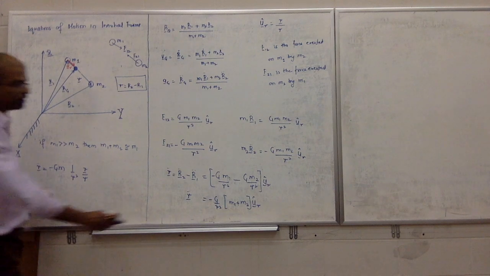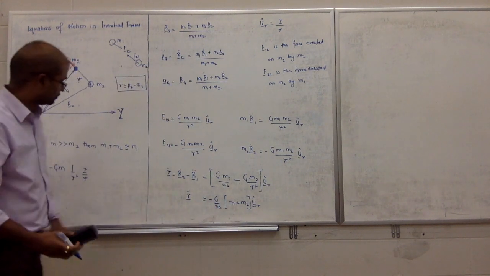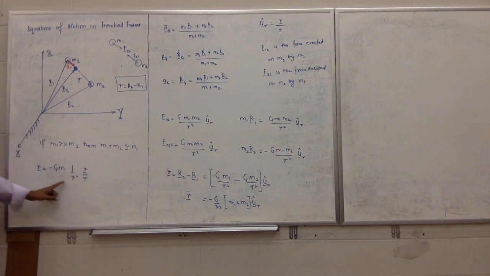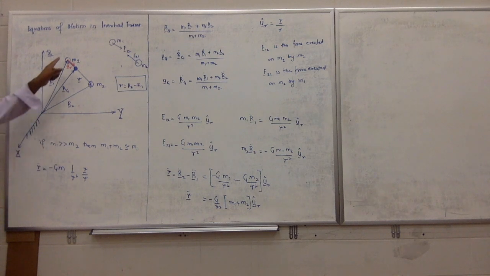I replace M1, M2 by, let's say M1, but for completeness I'm just going to say it's the mass of the central body. So you have the central body and the orbiting body.